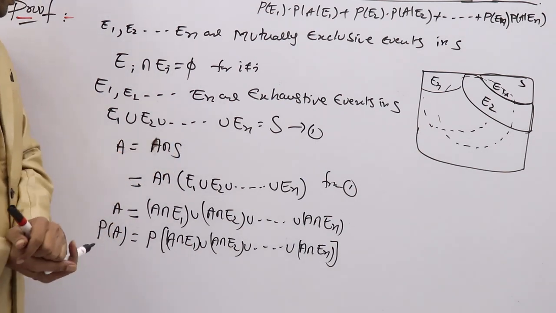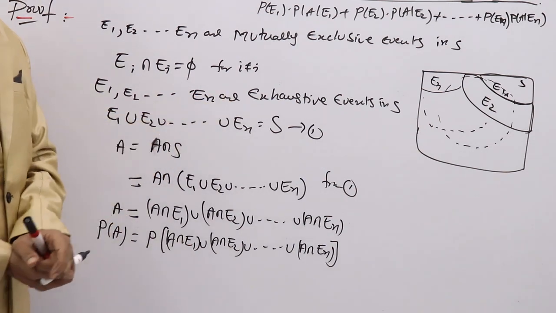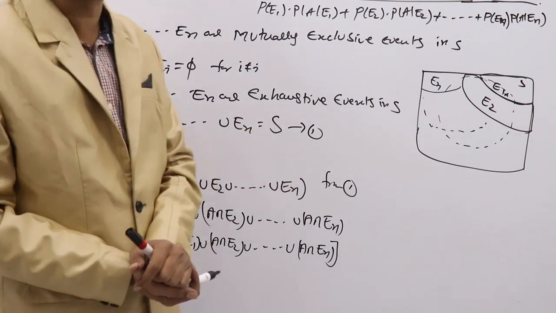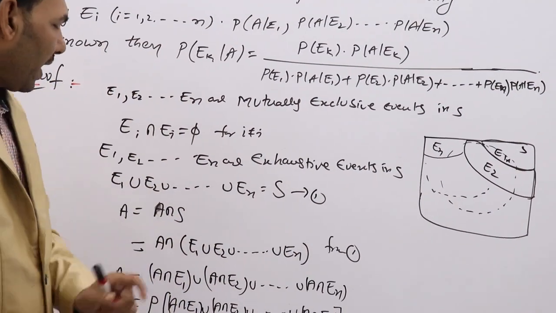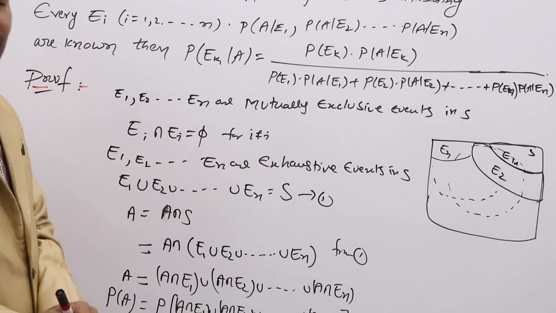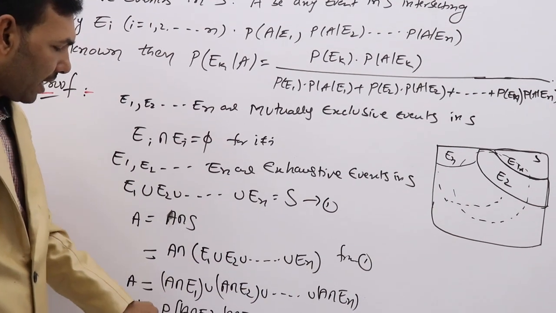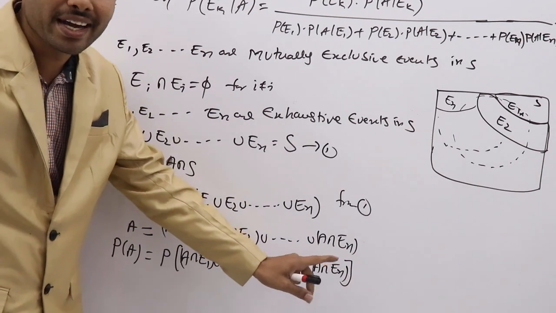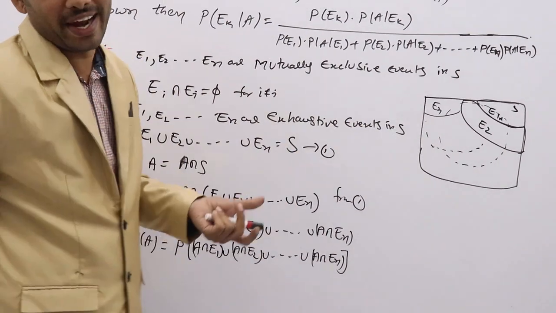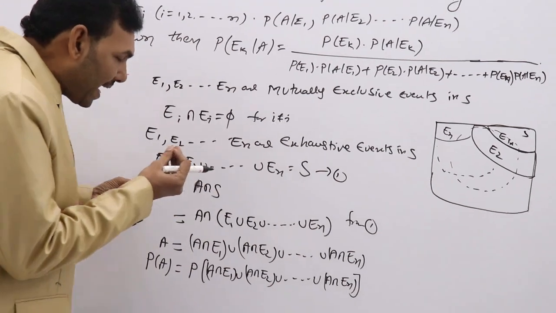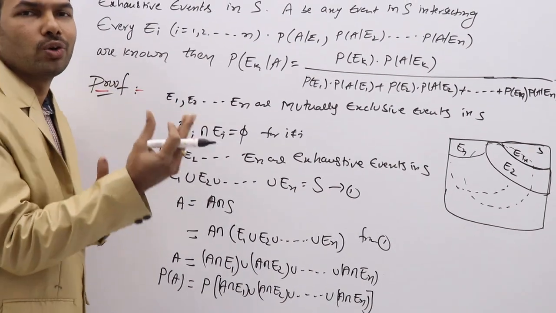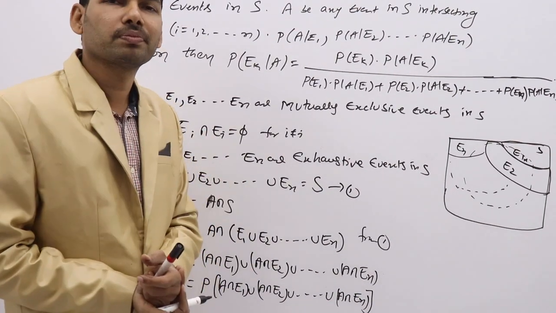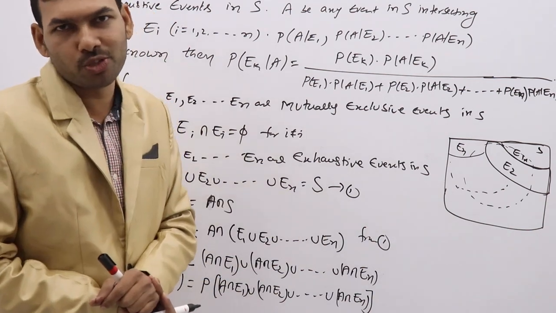We all know that E1, E2, En are n mutually exclusive events where A is intersecting with them. Because A is intersecting E1, E2, so on En, and E1, E2, so on En are mutually exclusive events, what happens? A intersection E1 and A intersection E2 do not have a common part, because E1, E2, so on En are mutually exclusive.